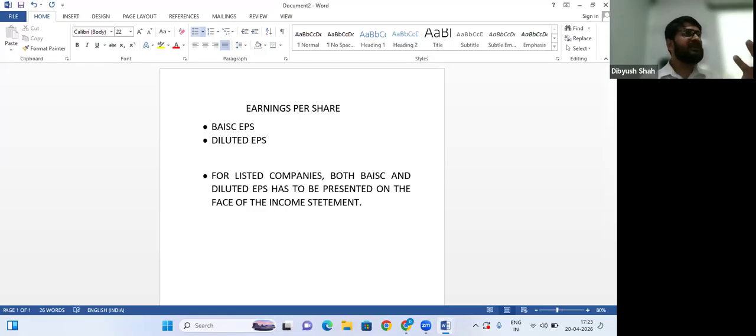What does face of the income statement mean? Right on the income statement, the P&L account, at the bottom half you will have to write basic EPS and diluted EPS. No exception to this rule whatsoever.